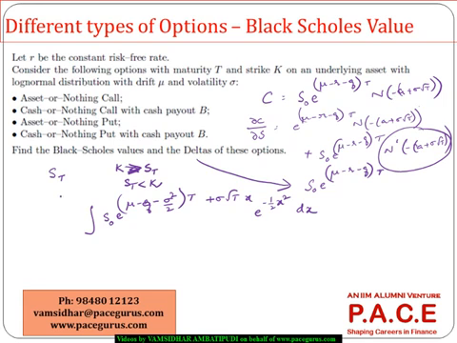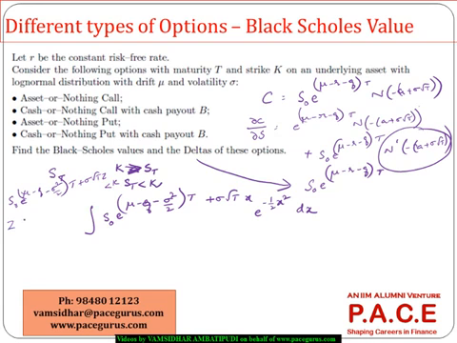This is integrated only where ST is less than K. So ST is nothing but S naught into e to the power of mu minus q minus sigma squared by 2 into t plus sigma root t into z. So this is less than K.